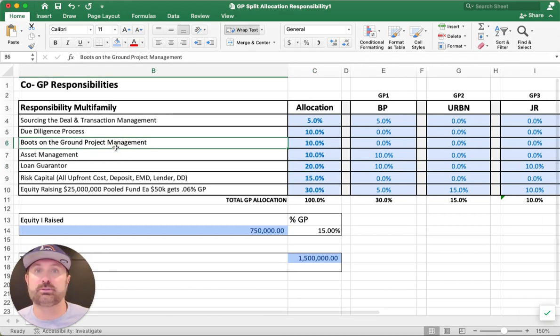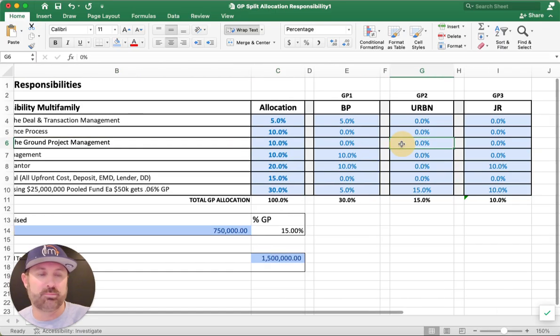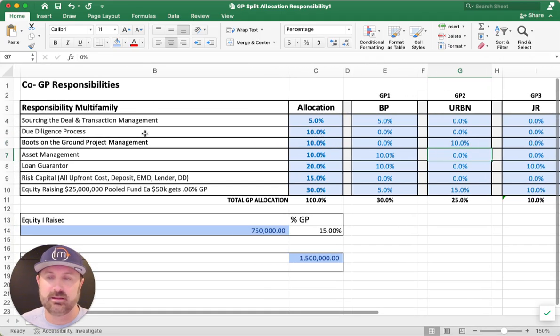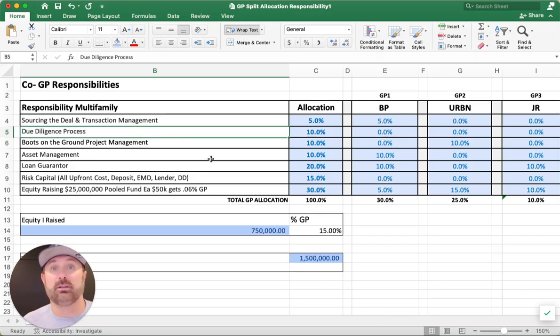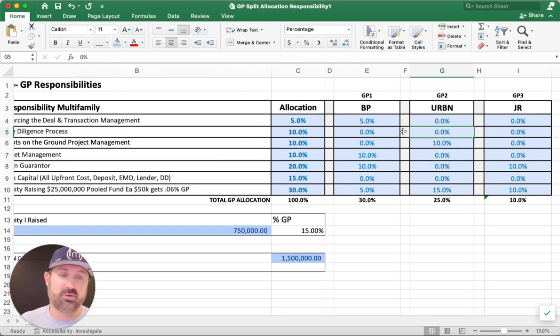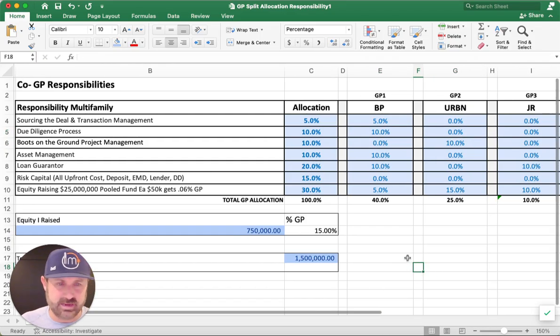And let's say you're boots on the ground. You're doing the project management and boots on the ground. That allocates 10%. You'd have one person for that, so 10% goes there. So that gets you the 100% of that. And you're doing the financial due diligence, physical due diligence when you're going and closing on the property and all that stuff. That's very, very important. So that 10% would go here. And that's how you would allocate it all up.